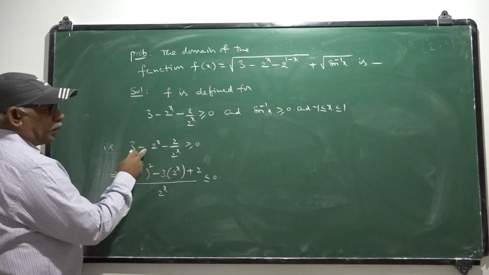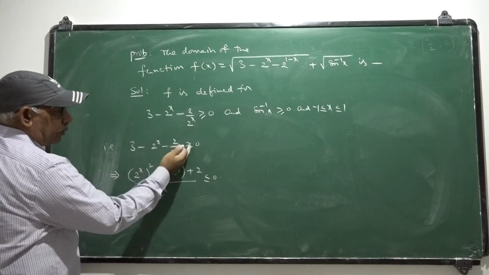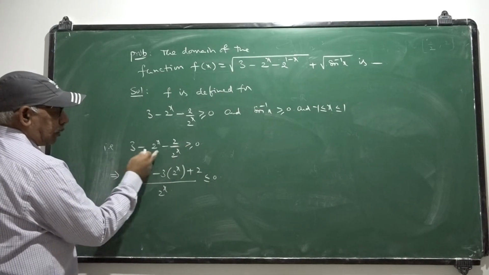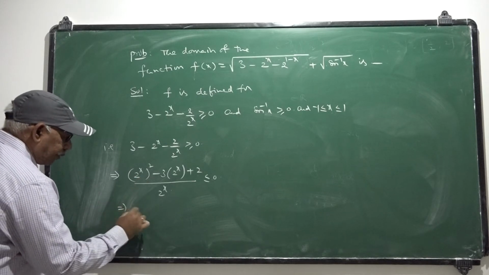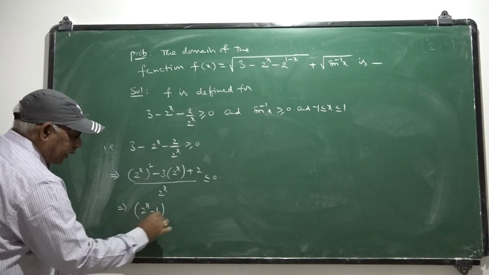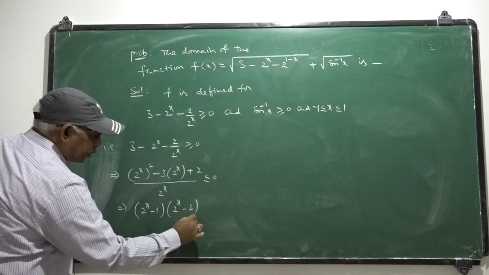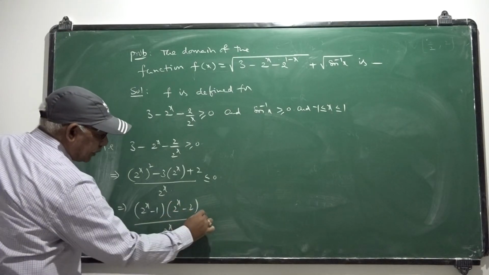On multiplication with the minus, the inequality changes, and on simplification we get: 2 power x minus 1 into 2 power x minus 2, over 2 power x, is less than or equal to 0.